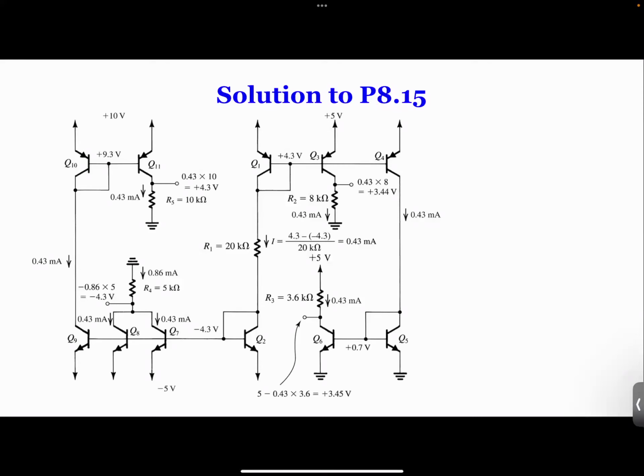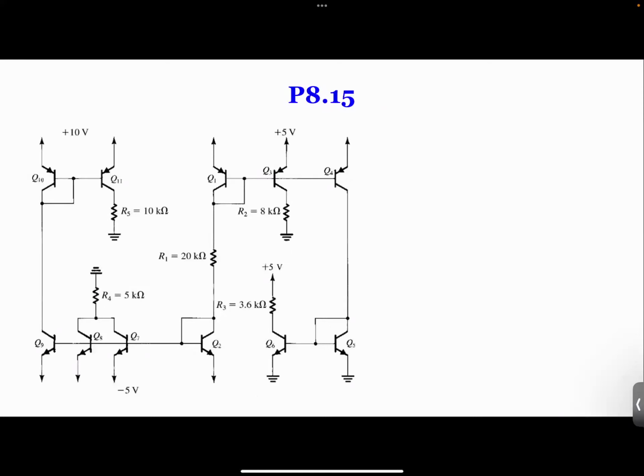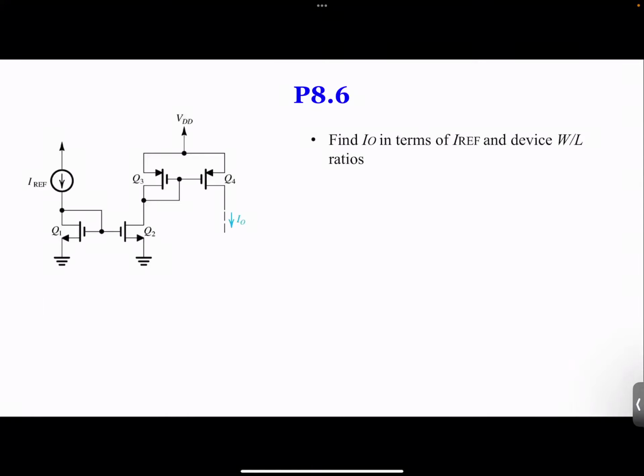Okay, so with that, I think I'm going to stop here. Actually, in fact, let me do this example first before we conclude the class. I'm going to leave the Wilson current mirror and the Widlar current source to the next lecture, but let me do this example.